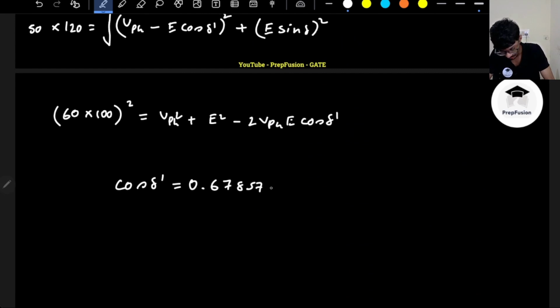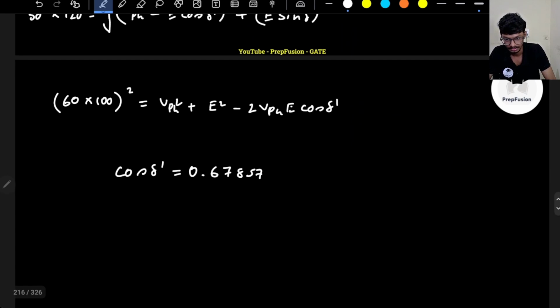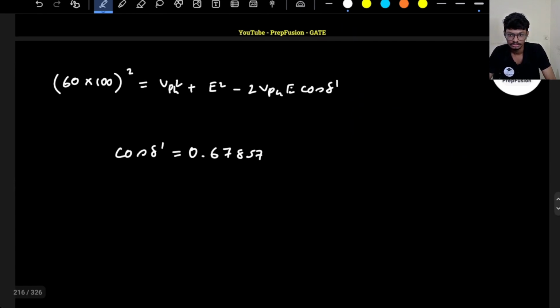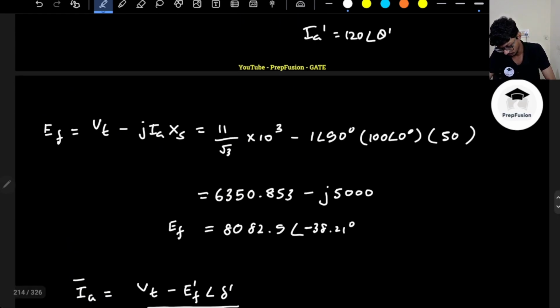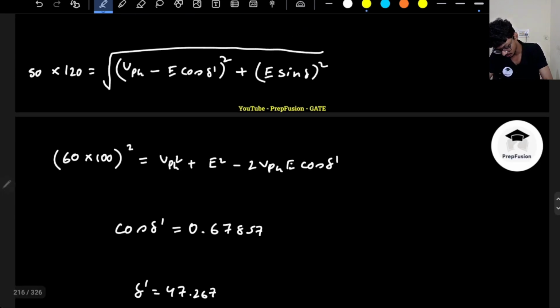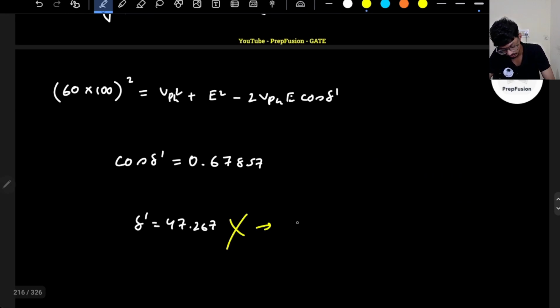Remember, delta is negative, right? Delta has to be negative. Don't make delta positive. If I do cos inverse, delta dash comes out to be 47.267. If you just put 47.267 here, it will be wrong, and many educators in this field have put the same answer.